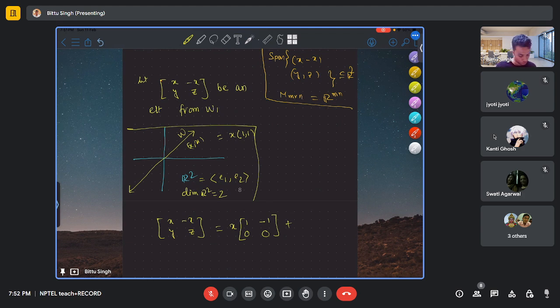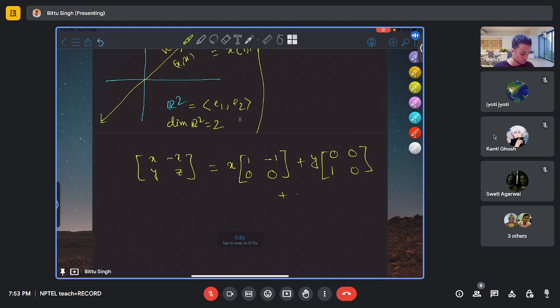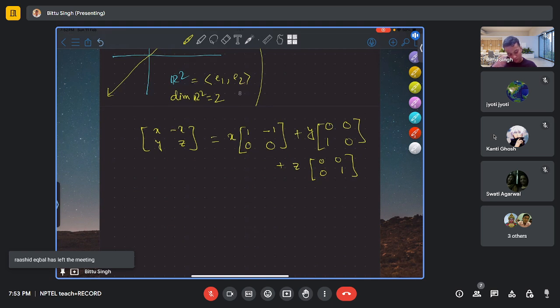If you take y common, then it will be 1 in its place and everything else 0. Similarly, take z common, it will be 0 0 0 and 1. Therefore now you can see that any element of this space can be written as a linear combination of those three elements.